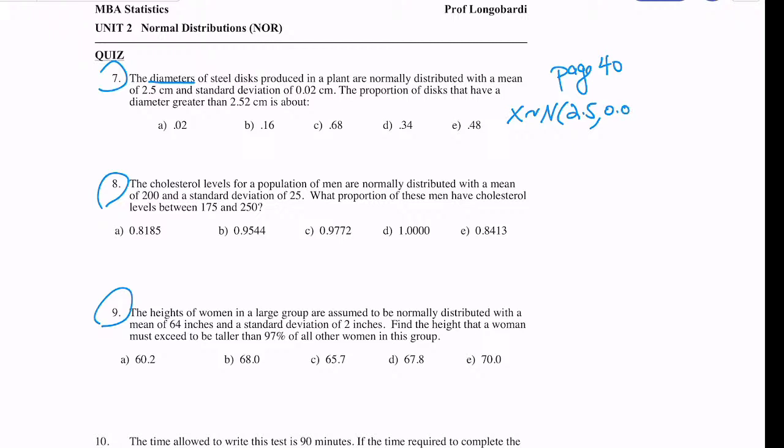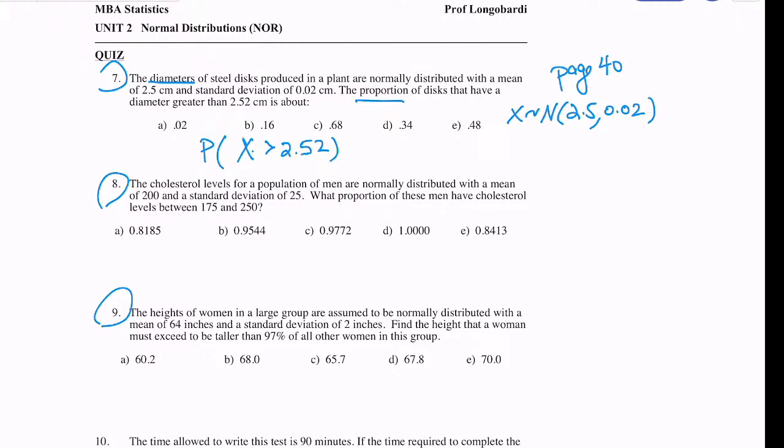Now solve. Find the proportion, so that's P, of the discs, X, that have a diameter greater than 2.52.